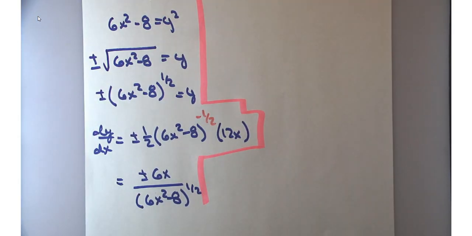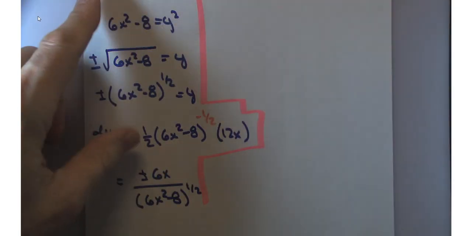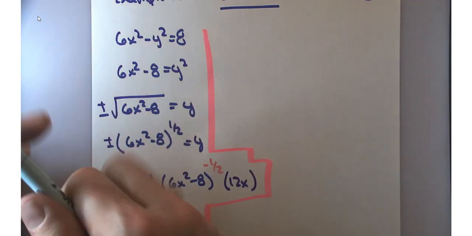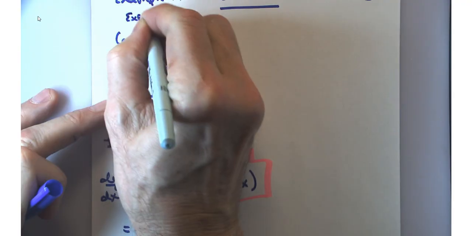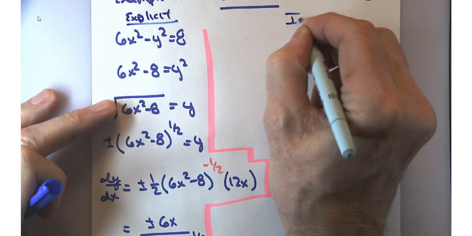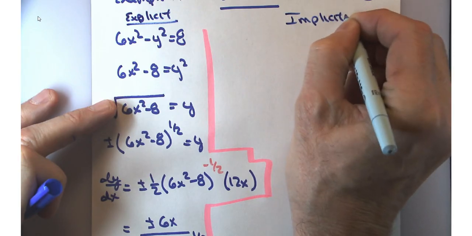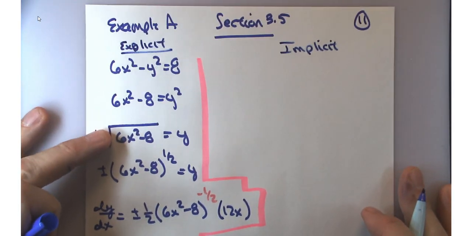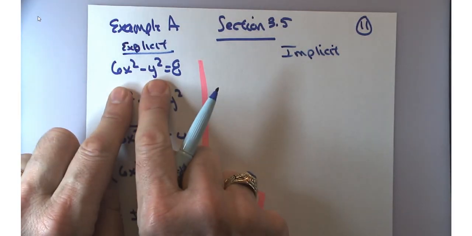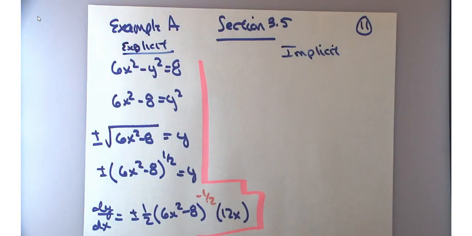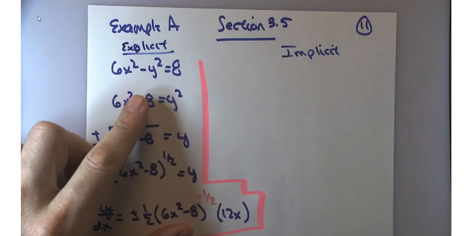This was explicit. We were able to actually find this. Let's take a look at the difference between that and implicit. And even though we might have solved for y, there is still some kind of a relationship between x and y. And so we can differentiate things that way.